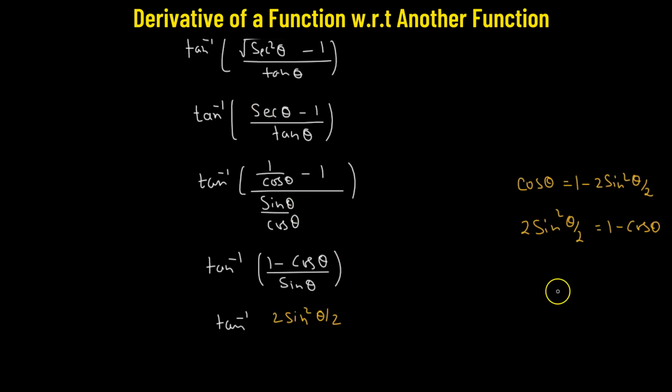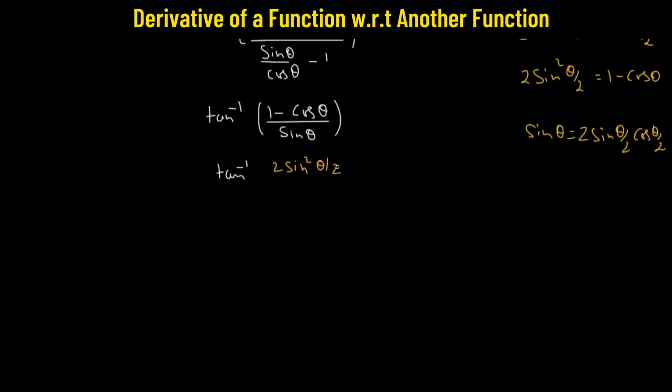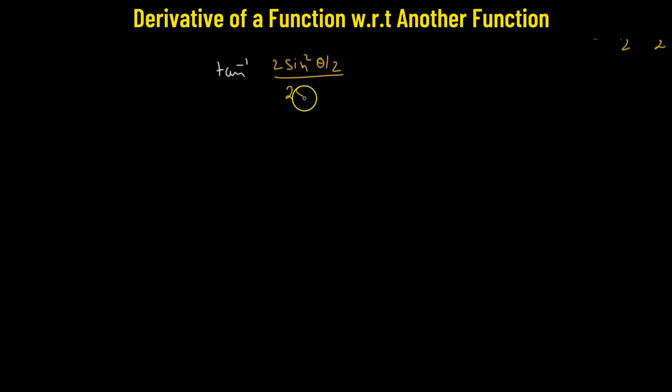And sine theta is also given by 2 times sine theta over 2 times cosine theta over 2, so that goes in the denominator. This is the argument of the inverse tangent function, and this is our u of tangent of theta, or simply u of theta, u as a function of theta.